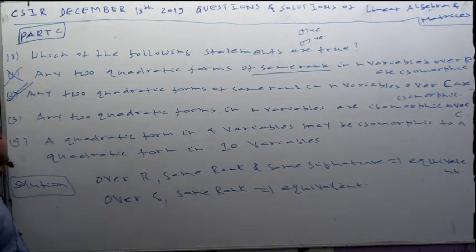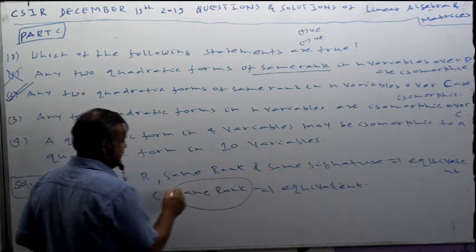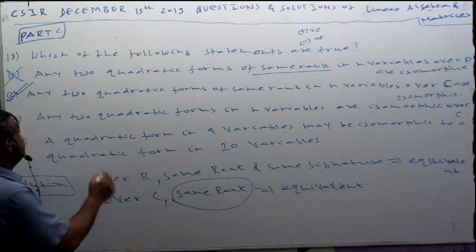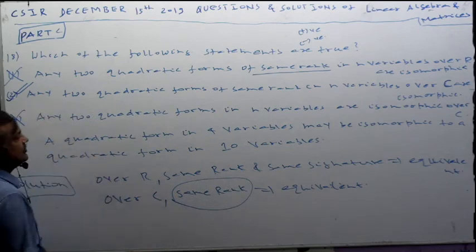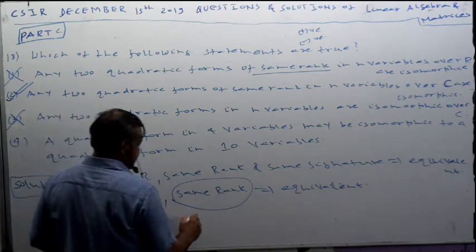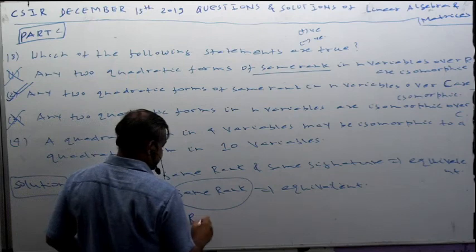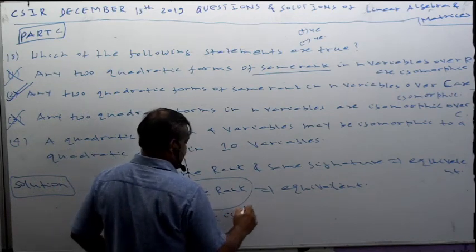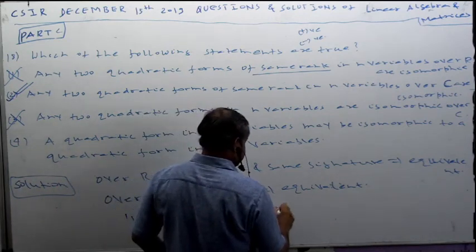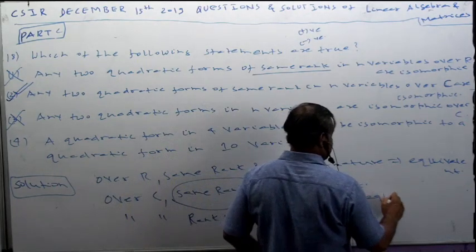Happy with this? Any two quadratic forms in n variables are isomorphic over C. No, no. If their rank are same, then only they are equivalent. If rank is different, they need not be isomorphic to each other. So over C, rank are different implies not equivalent. So not isomorphic.